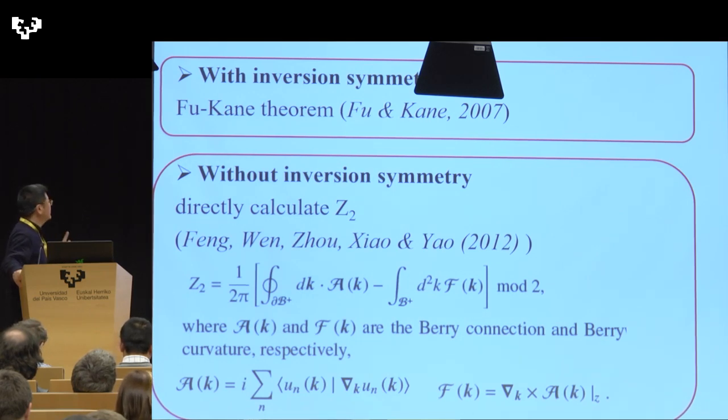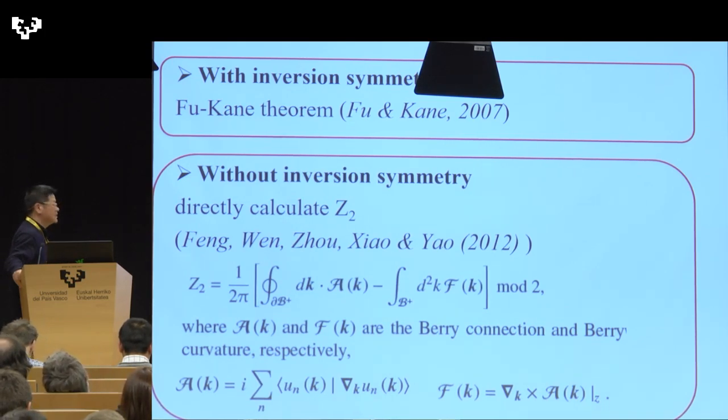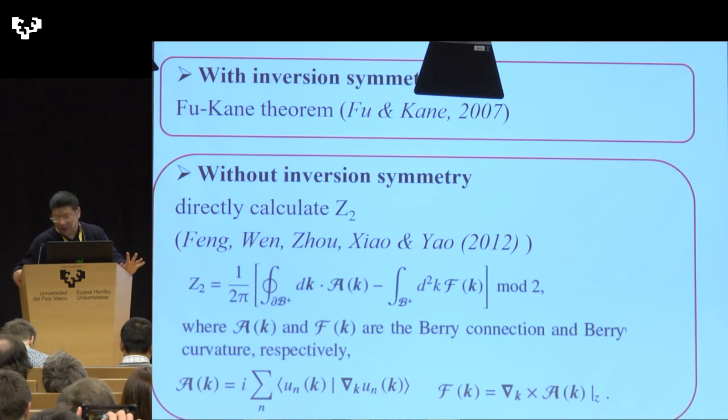But if unfortunately the system has no inversion symmetry, then you need to calculate Z2 directly. Z2 is related to the phase of the wave function, so that kind of calculation is definitely not easy. So finding topological insulators is not easy if the system has no inversion symmetry.